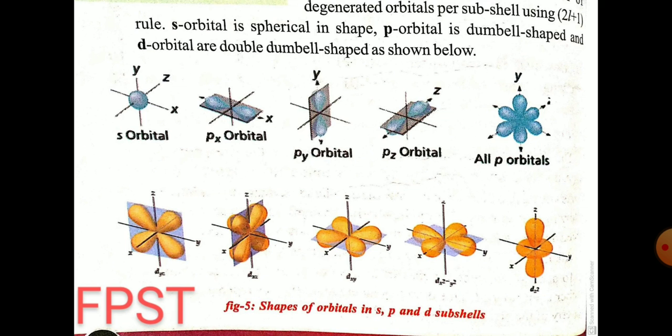Means the number of subshells is equal to the n value of an orbit, and the number of orbitals is equal to n square. In the first only 1, in the second 4, in the third 9.